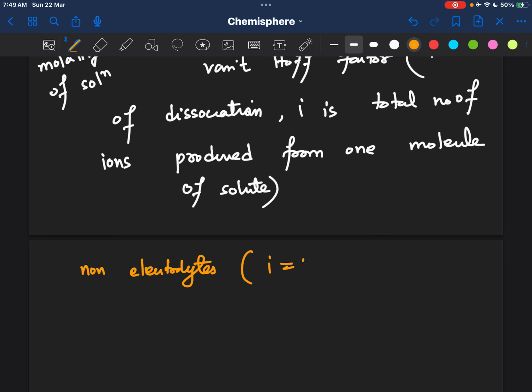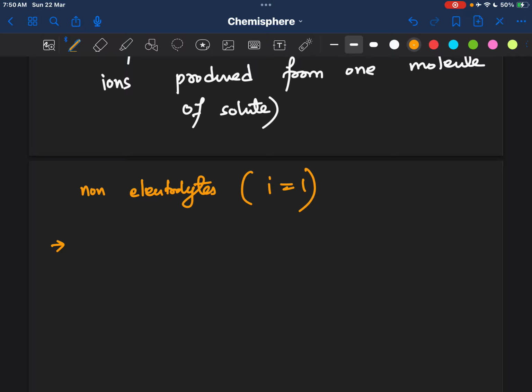Okay, one more thing that we need to know before we go and see each and every option and calculate. If you have a very dilute solution, in which the amount of solute is very less compared to the solvent, molarity is approximately equal to, or in mathematical terms it is equal to, the molality.